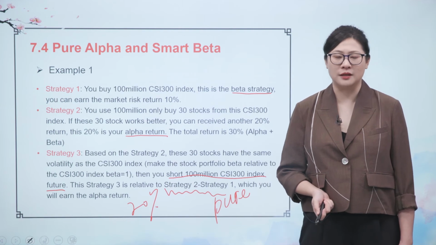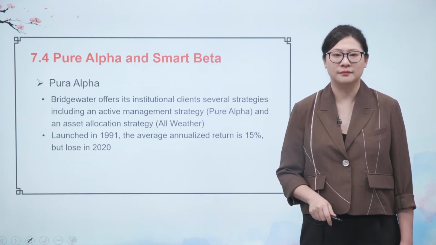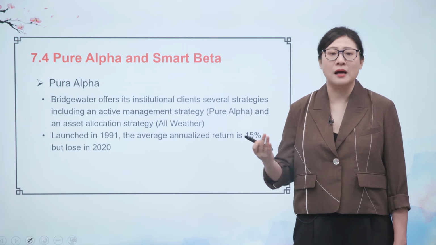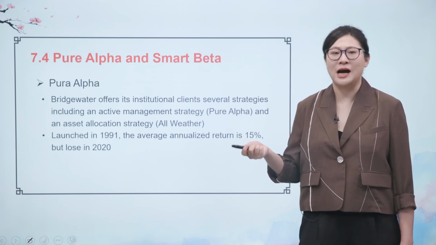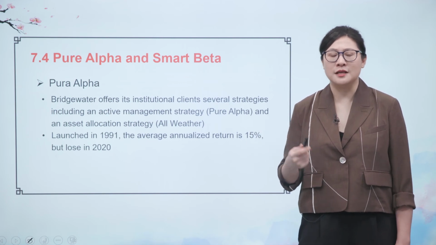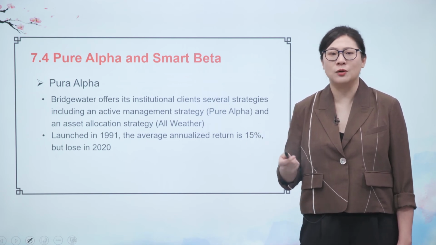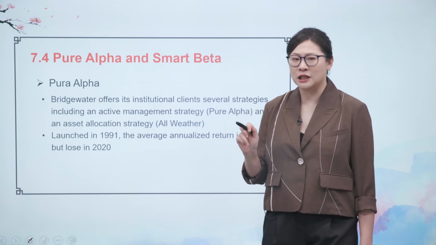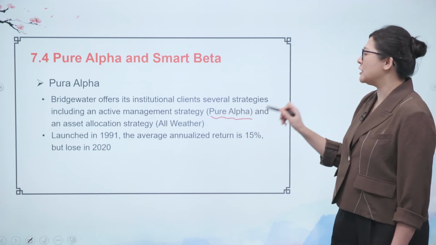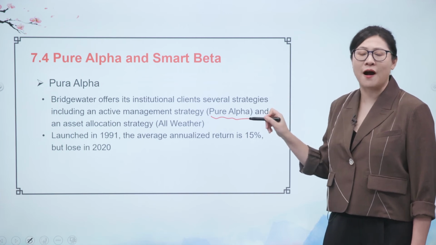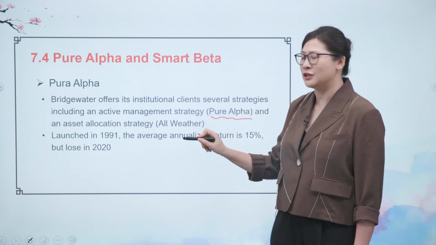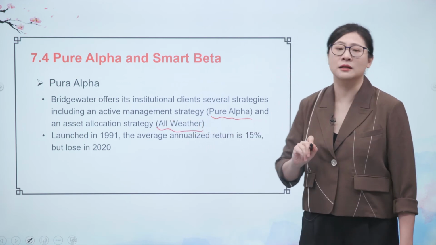Now let's have a look at the pure alpha strategy. The pure alpha strategy was founded by Bridgewater, in Chinese 桥水基金. Bridgewater offers its institutional clients several strategies, including an active management strategy, that is the pure alpha strategy, which only considers the alpha return. The other is an asset allocation strategy called the all-weather strategy.